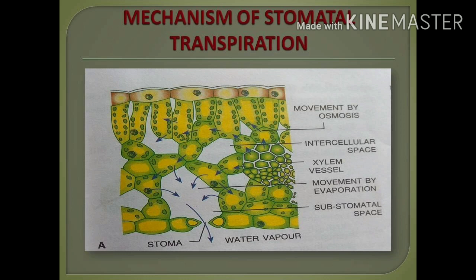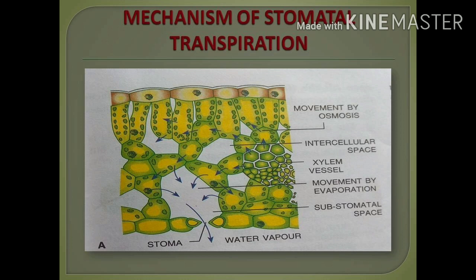The water from this film evaporates and the water vapor formed saturates the air in the intercellular space. The vapor then diffuses into the other connecting intercellular spaces and finally reaches the substomatal space, from where it escapes through the stomata.